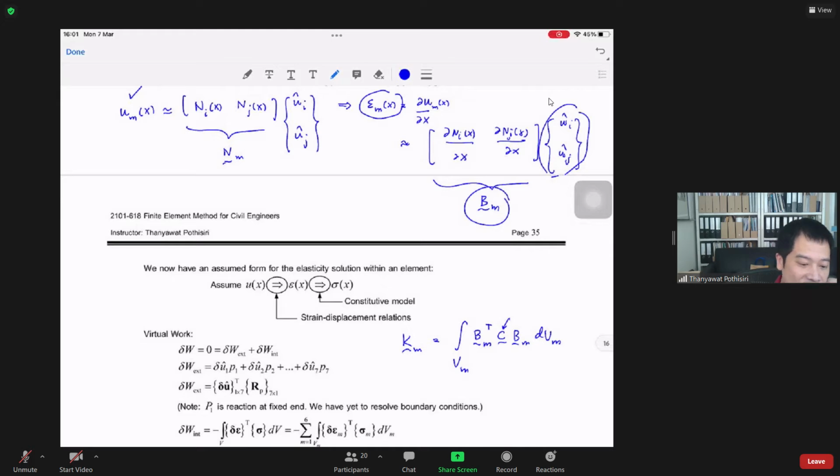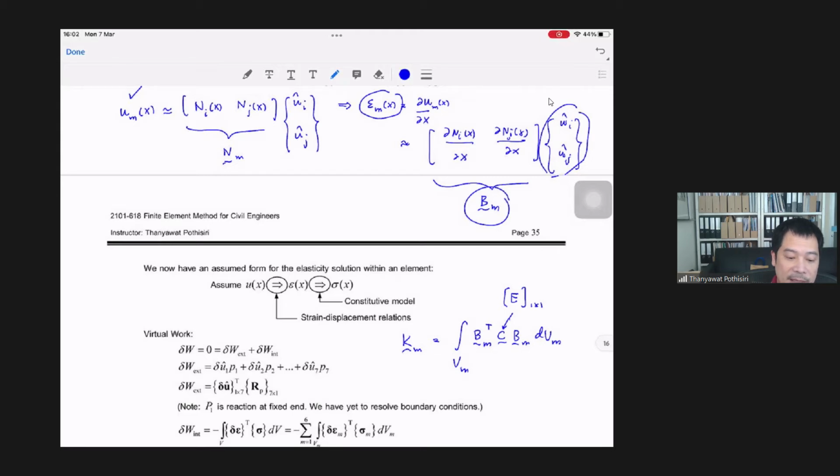In this case, because I only have one component of stress and one component of strain, this C is essentially the Young modulus, the modulus of elasticity. So it's a 1-by-1 matrix.